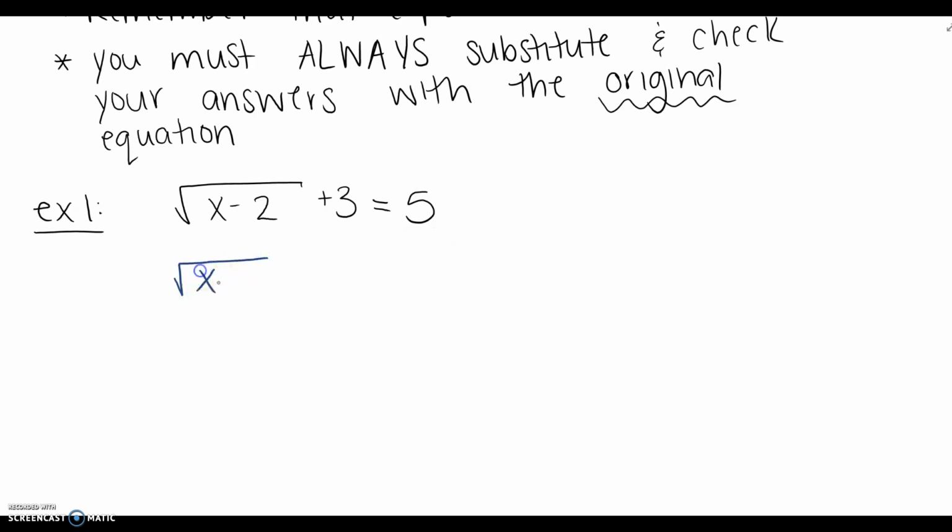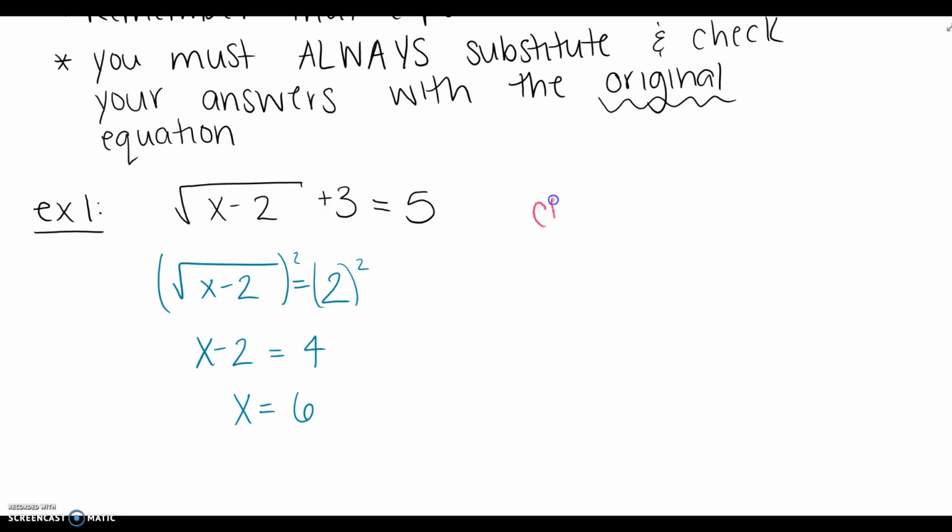The square root of x minus 2 equals 5 minus 3 is 2. And then we need to square both sides to get rid of that radical. We're left with x minus 2 equals 2 times 2 is 4. And finally, add 2 to both sides, so x equals 6, or does it?